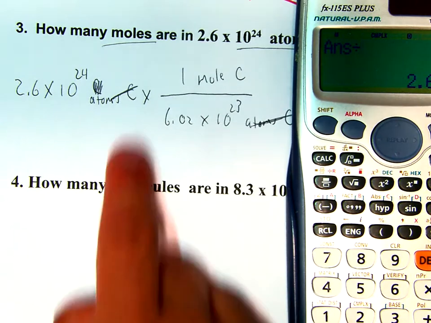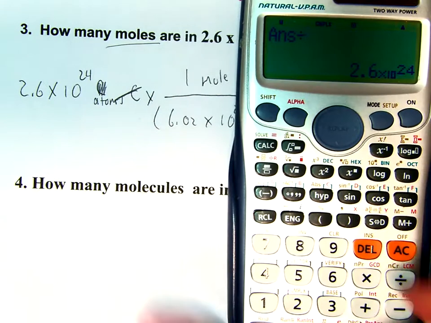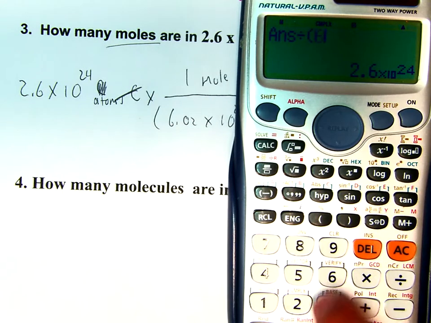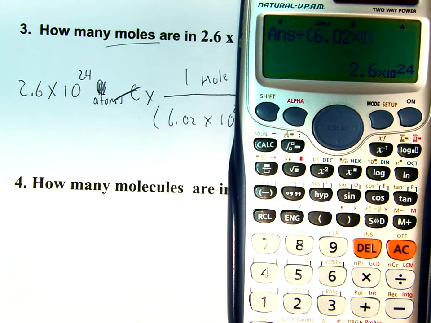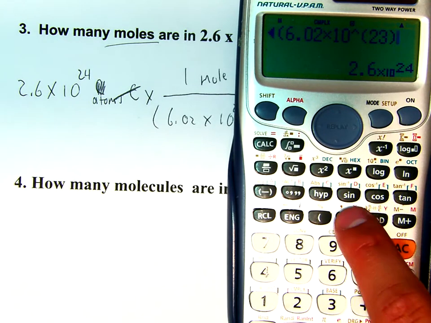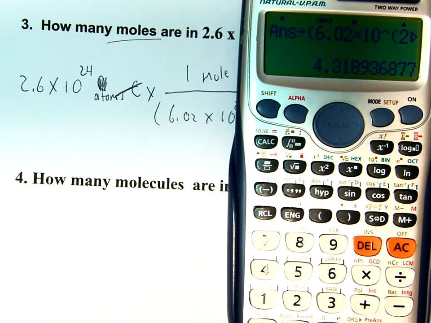So what you need to do is put this whole thing in parentheses here, okay? So we go times, my parentheses, 6.02 times 10 to the 23rd, and then close those parentheses, enter. That should give me my answer, okay?